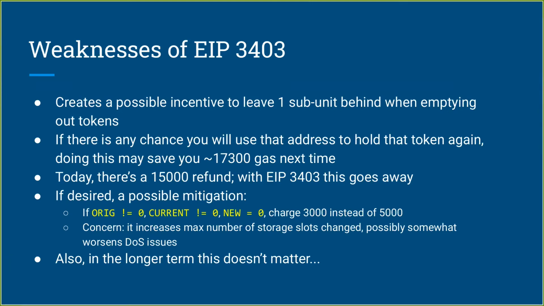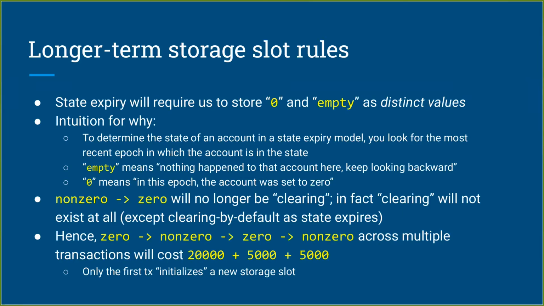And so there was an incentive to fill up a whole bunch of storage slots with ones and use that as a battery, so that whenever you need to do some expensive thing, you can flip some of these storage slots to 0 to compensate and reduce your gas consumption. With EIP-3403, the ability to do this goes away.